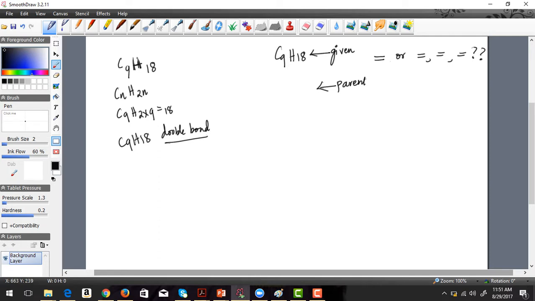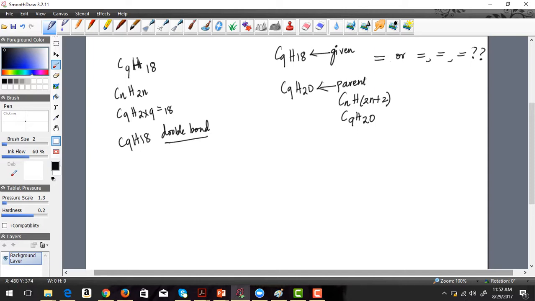For that we use the formula CnH2n+2. The parent is always the alkane. So if I put the 9 in here, I get 20. That's my parent compound.